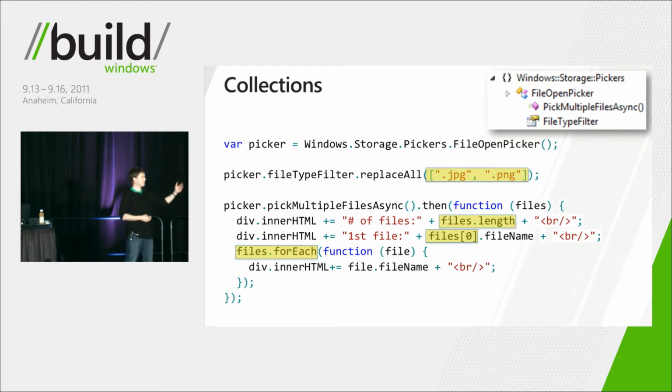They have a length property. They have the ability to look up integer index named properties, like files[0], files[1], files[2]. And they also have in their prototype chain the Array.prototype object, which means that all of the new functionality like forEach and map and push and pop are available on those. So you can write exactly the same code you would expect to write for arrays using these arrays from WinRT that are made available to you.